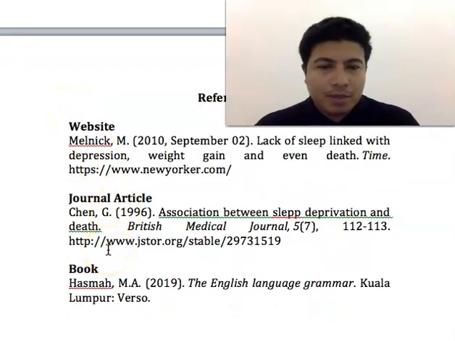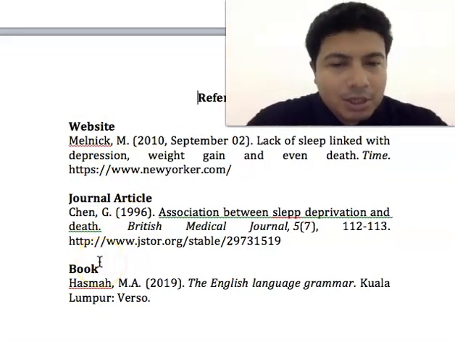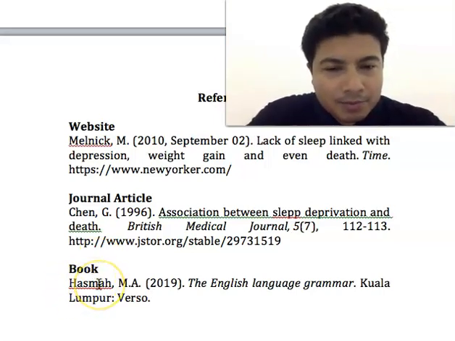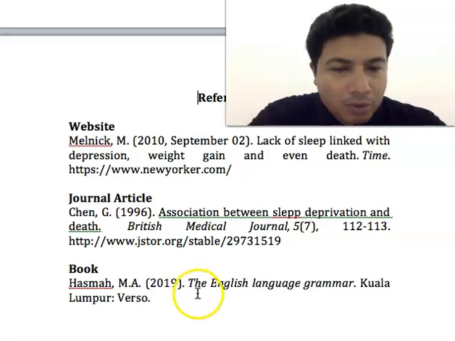And if the citation is from a book, same, you put the name of the author. For example, if the author's name is Hasma, because it is a Malay name, you can take the name of the author, Hasma Muhammad Ali, so M.A., the year in bracket, full stop, the title of the book.